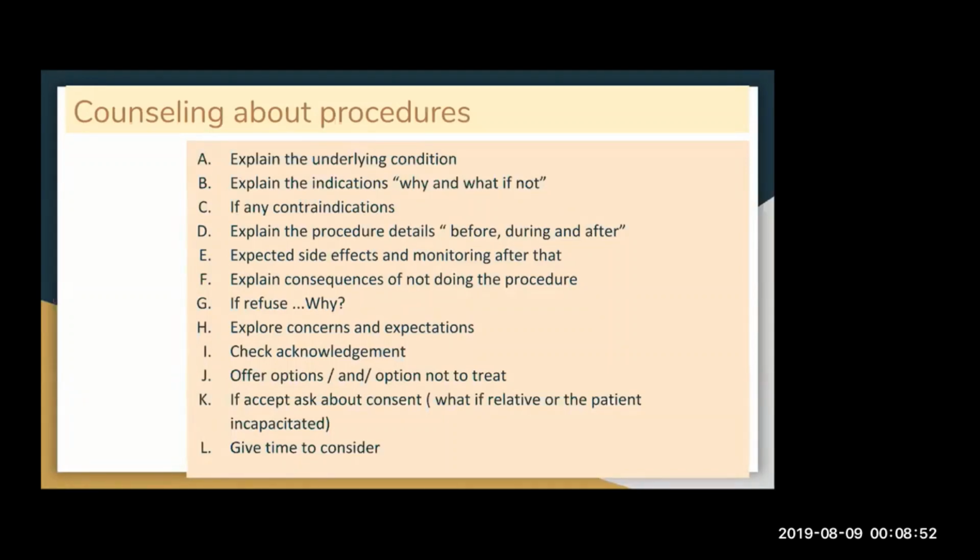Even if he knows the risk well and insists not to do the procedure, it's okay, it's his own right. But don't shut the conversation at this point; offer other options, and don't consider no treatment as one of the options.